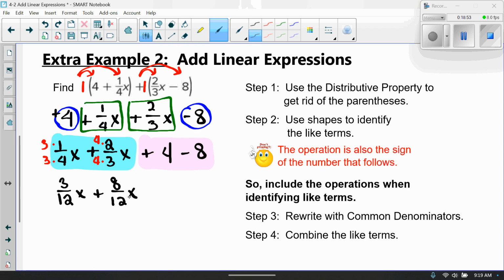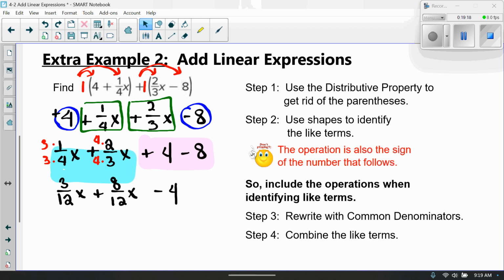plus 8/12 x, and then plus 4 minus 8. Now, you know what, we can just do 4 minus 8. What's 4 minus 8? That's going to give us negative 4. So let's just write negative 4 here. Okay?